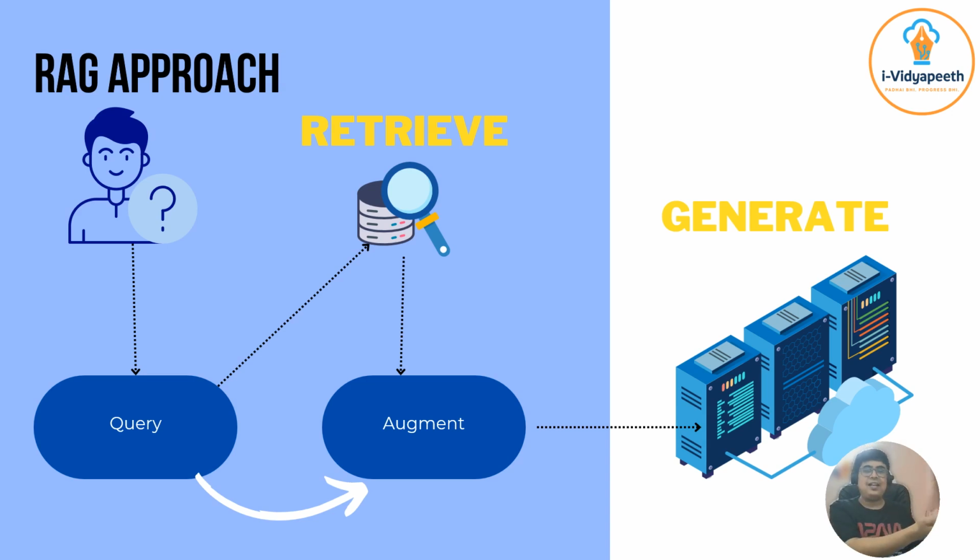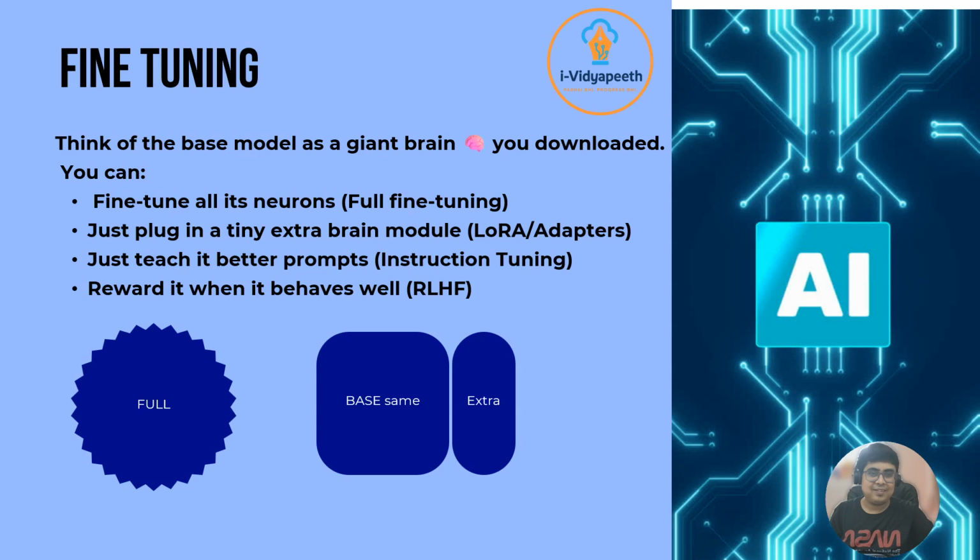Then it will generate and give you back the answer. We will have a dedicated section on retrieval techniques, like how the vector database can be used, how we can use the relational database, etc. We will see that in i-Vidyapeeth classes.